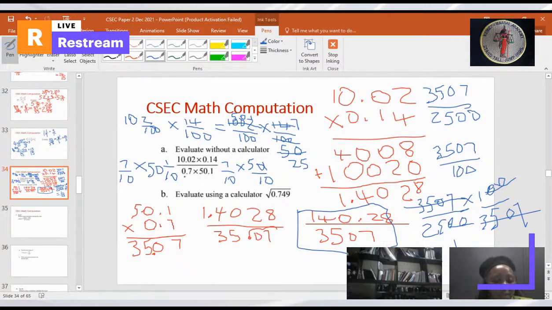The denominator now: the 0.7 is 7 over 10, and the 50.1 is 50 and 1 over 10. When we multiply them, we end up with 3507 over 100. So it's this divided by this, because that's what this line tells you. We change the division to multiplication and invert this.